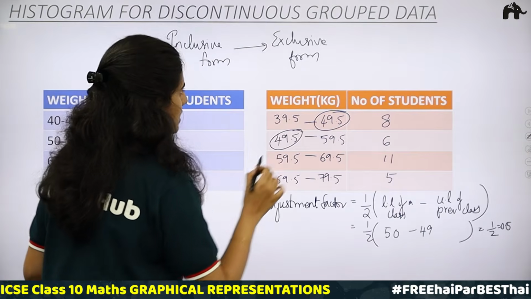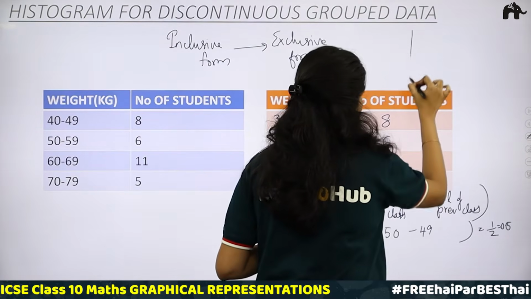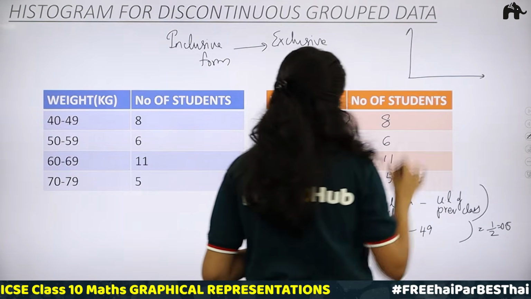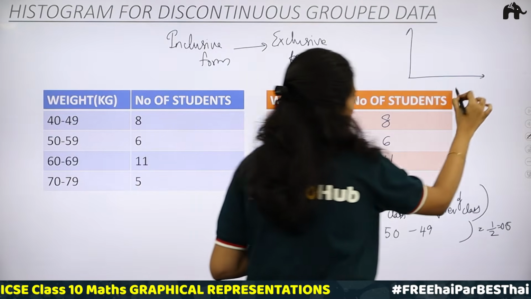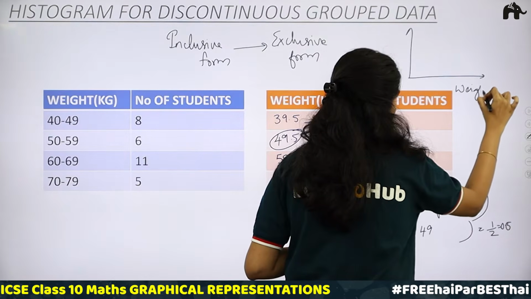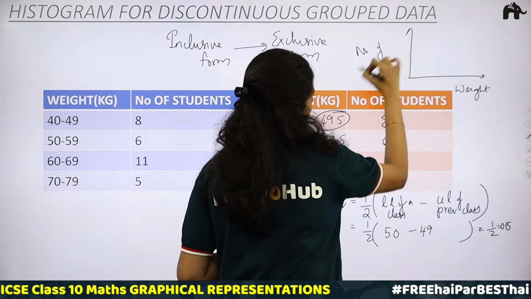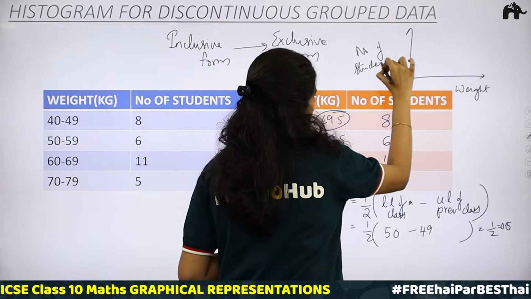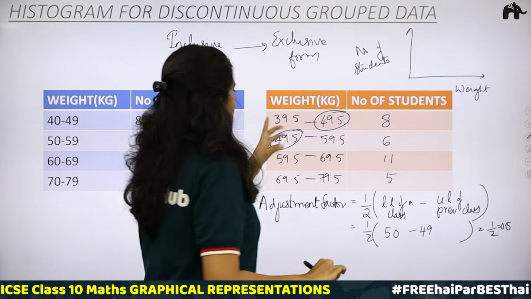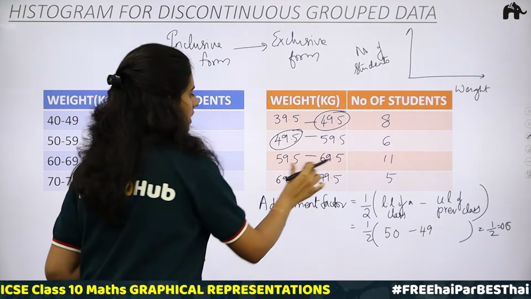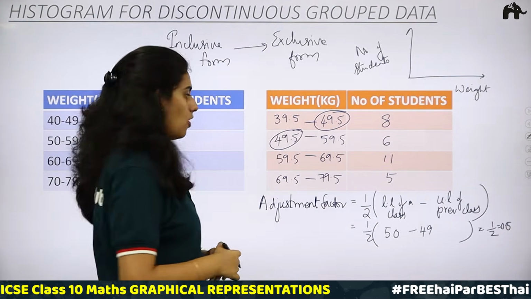Let us roughly draw the histogram for this. On the x-axis we have weight, and on the y-axis we have frequency, that is the number of students. Just a rough diagram. Here it starts from 39.5, and we need up to 79.5.